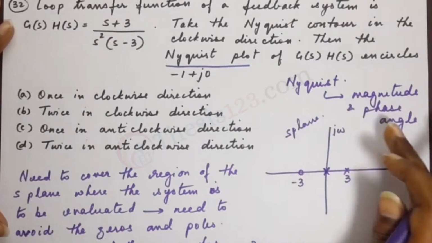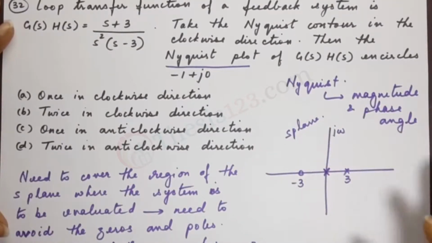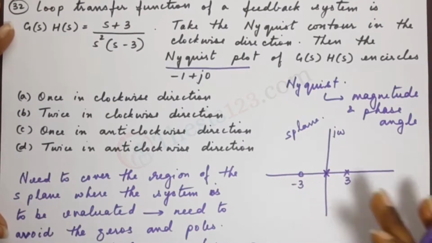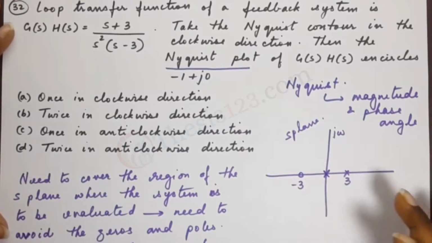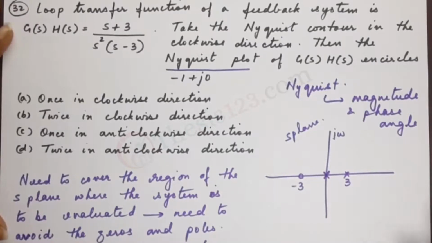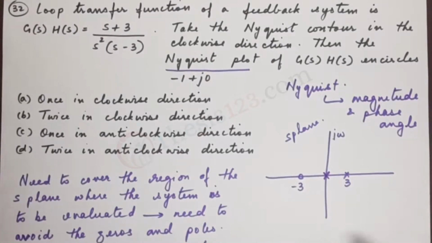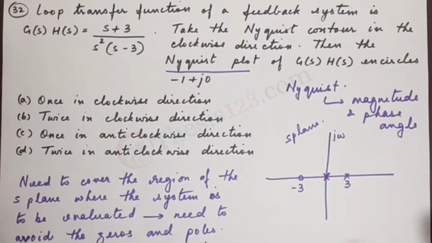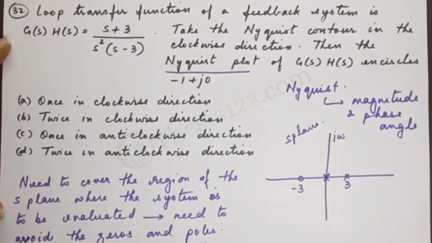So basically we need to draw the Nyquist plot around the region in such a way that it avoids all of these three points. It has to avoid 0, it has to avoid 3, and it has to avoid minus 3. This is the general basics of how a Nyquist plot should be evaluated or drawn.